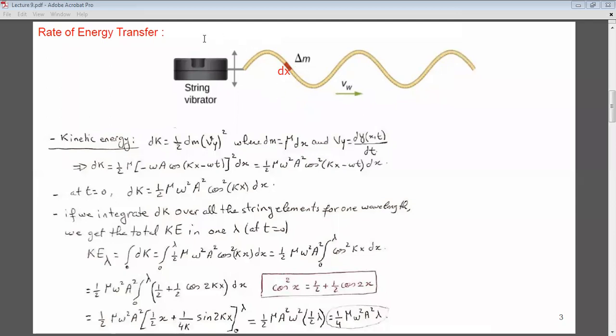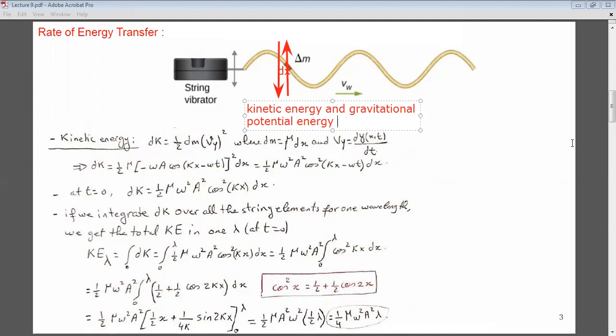And it oscillates vertically, right? It goes up and down. It oscillates vertically in simple harmonic motion. As it's propagating, it has both kinetic energy, because it has speed, and gravitational potential energy because it's going up and down.